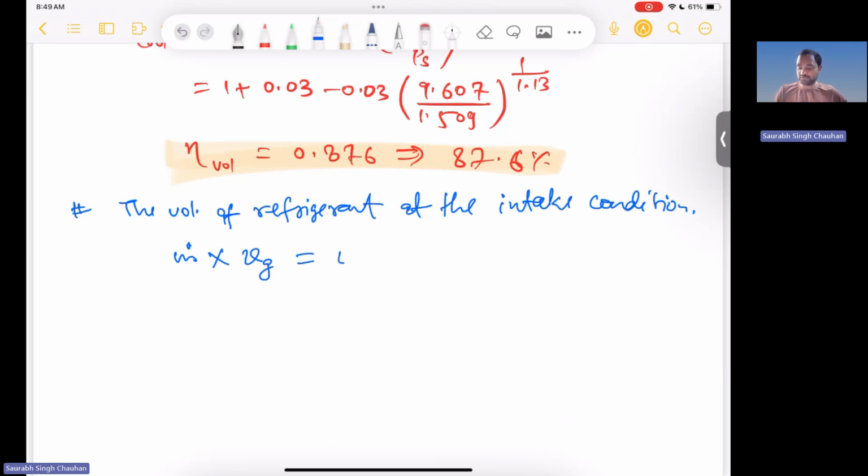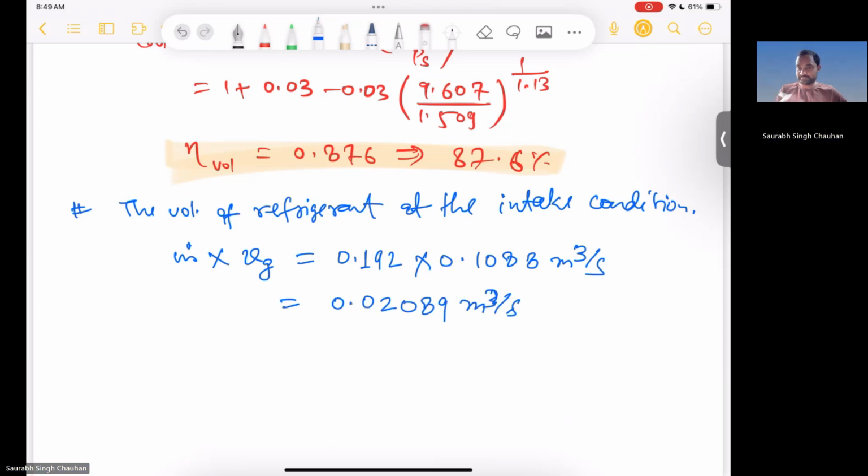So this will be equal to 0.192, that is the mass flow rate of refrigerant, and the specific volume is 0.1088. So we will get 0.02089 meter cube per second.